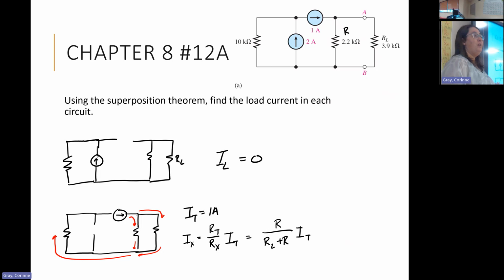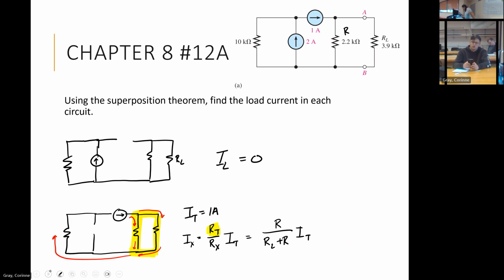This one is different because it has all the current flowing through it. Go ahead and compare your answers with your neighbor.